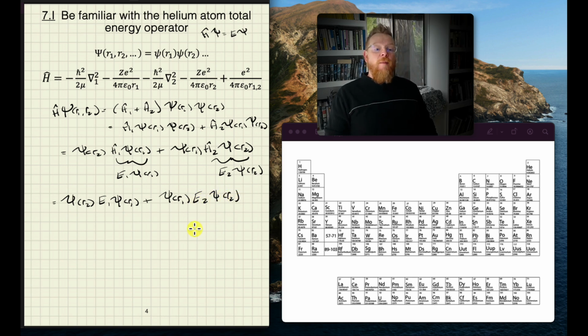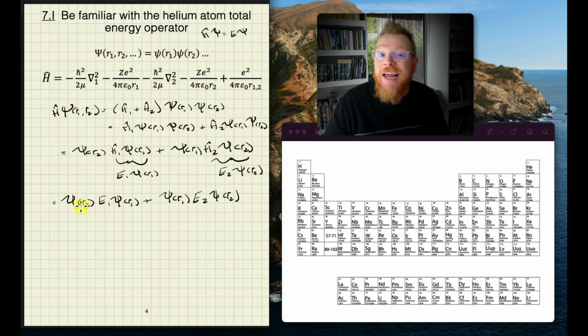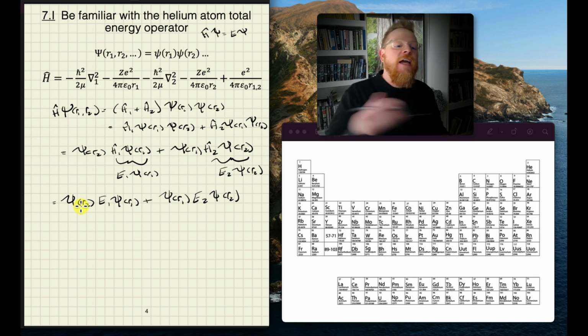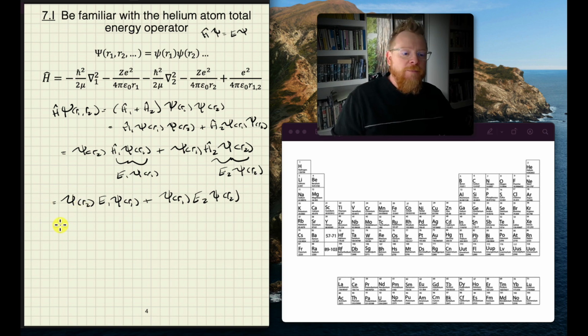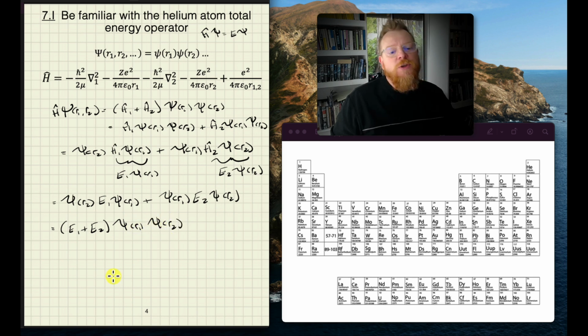Well, now hopefully we might recognize that because these E's are eigenvalues, they're just constants, so I can bring those out in front. Doing a little algebra, I end up with the following: E1 plus E2 multiplied by psi R1 psi R2. And thus, if we remember in our separation of variables, wave functions are products and energy solutions are sums.